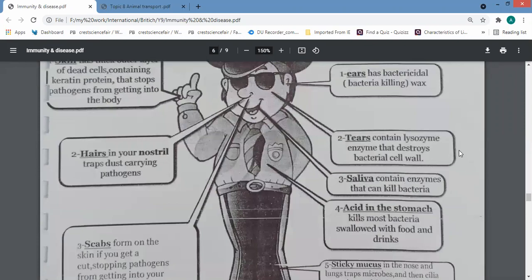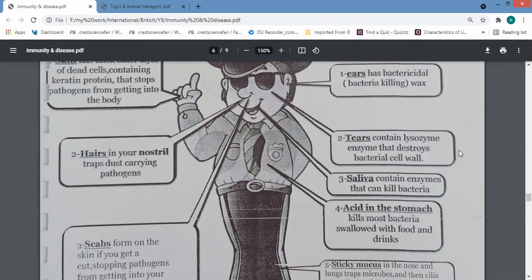Next one, eyes. Eyes secrete tears. Tears have lysozyme, which is an enzyme that digests and destroys the cell wall of bacteria.